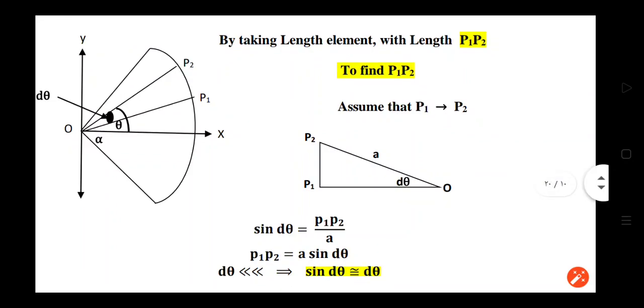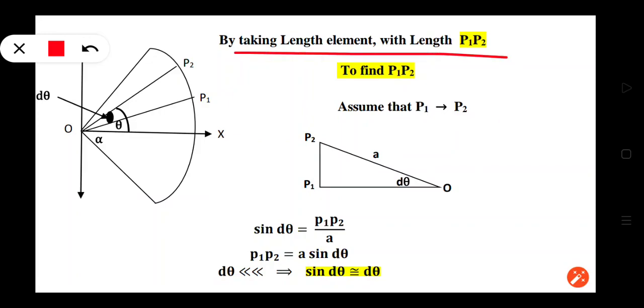By taking a length element with length B1 B2, to find B1 B2, assume that the distance between B1 and B2 is very small, as B1 tends to B2. It can form a right triangle with angle d theta. Then we find sine d theta, which equals B1 B2 over a.